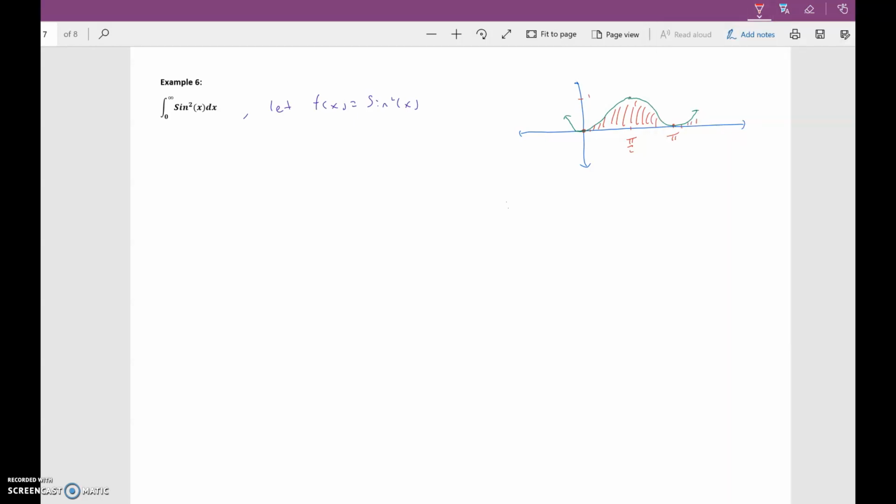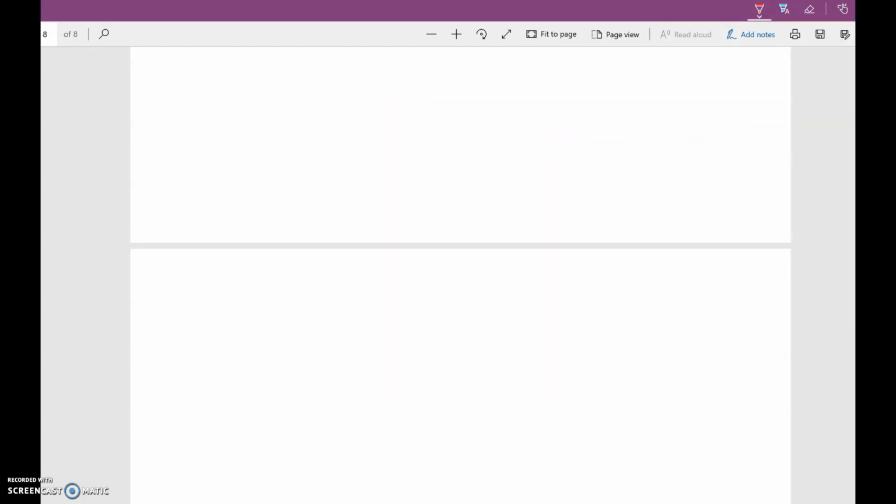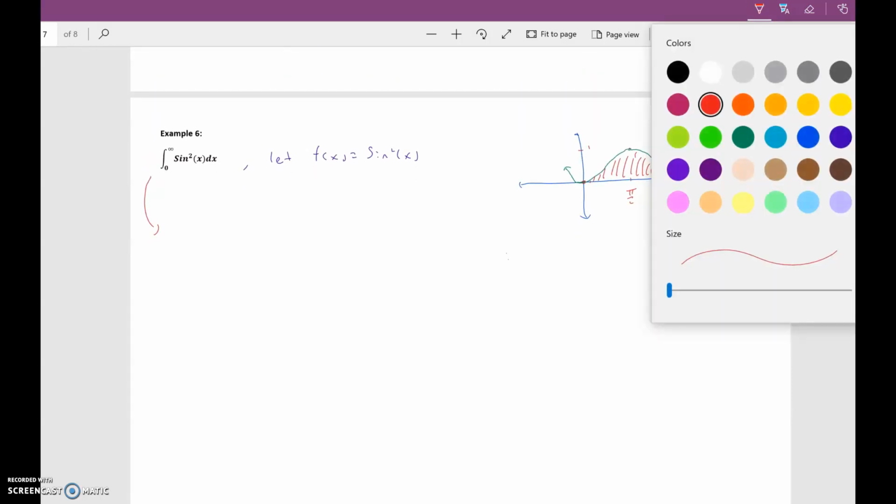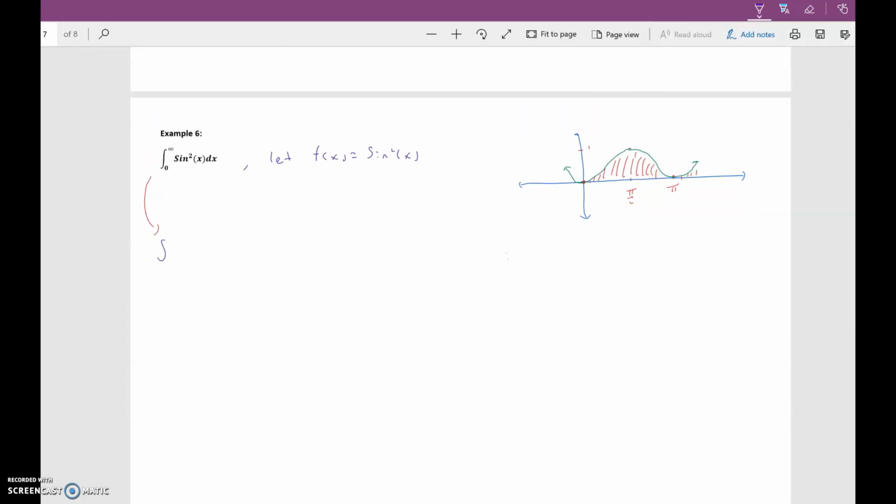In this problem, the integral from 0 to infinity of sine squared of x dx is equal to the limit as t approaches infinity of the integral from 0 to t of sine squared of x dx.